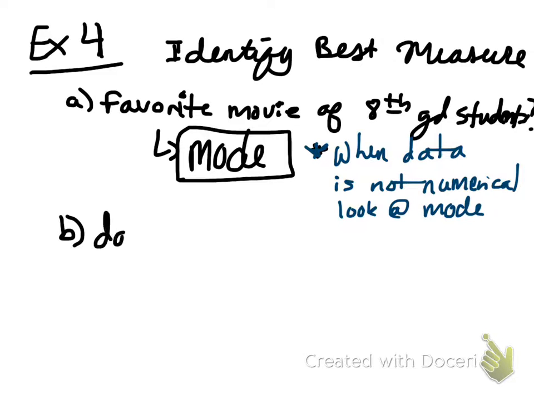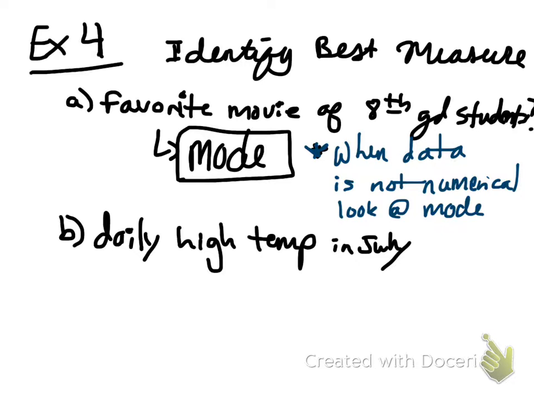If we have daily high temperatures for a week in July, what is the daily high that best represents all of the daily highs?